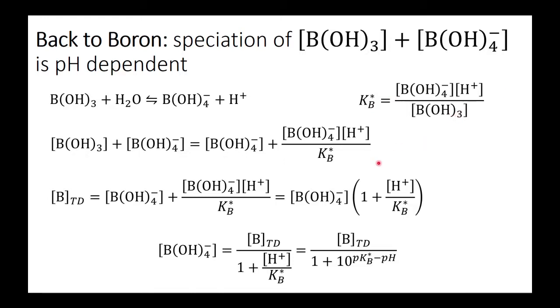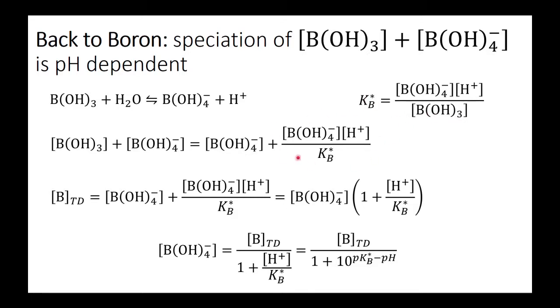We can basically write out that the boric acid plus the borate ion equals the borate ion plus this, which is just this equation here rearranged to give the boric acid concentration. So move that up to there, that down to there, that gives this.